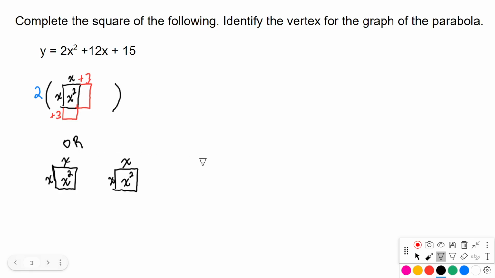And I'm going to have a total of 4 dimensions that I need to divide the x terms, or split the x terms into. Since there are 4 of them, 12 divided by 4 is a positive 3. So we have 3x, 3x for 6x, and 3x and 3x for another 6x.